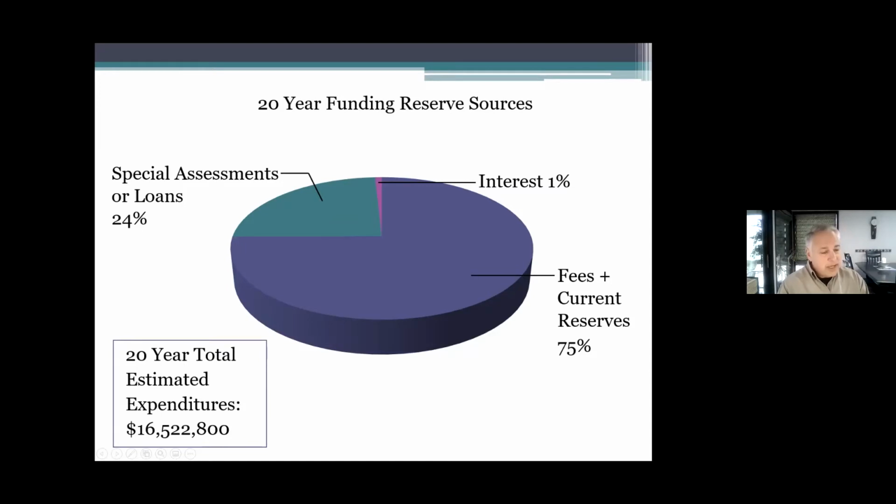It's an escalated figure, taking into account a factor for cost escalation over the years of construction. So of that $16.5 million that will most likely be spent on these projects and replacements, 75% was being raised through monthly fees, 1% was raised through interest on the reserves, and 24% was through special assessments or loans.